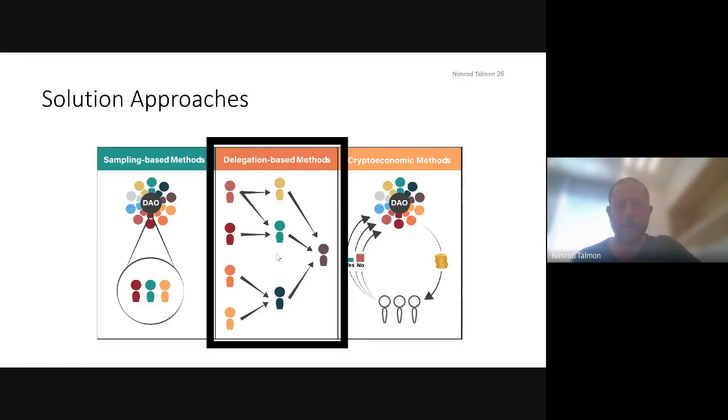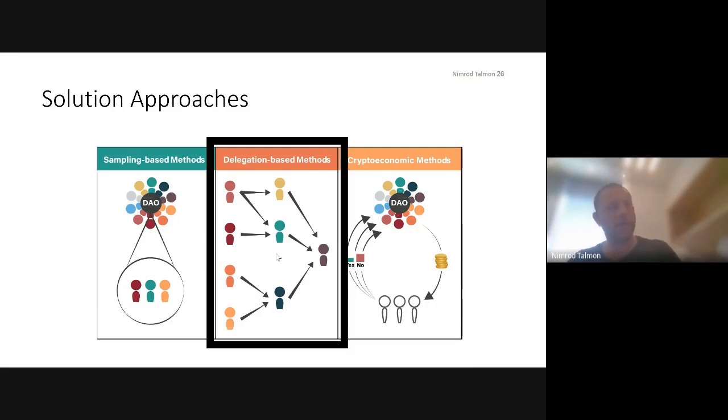The second is delegation-based methods. The most popular way is to do liquid democracy, in which voters can specify, instead of voting directly for each proposal that comes, the name of another agent or another voter, and basically delegate the vote to that agent.